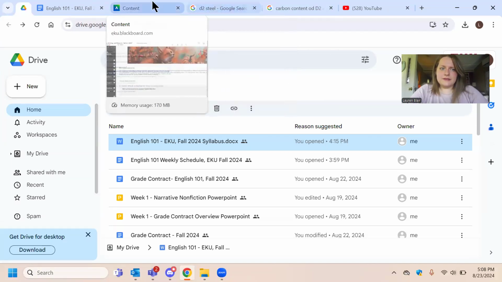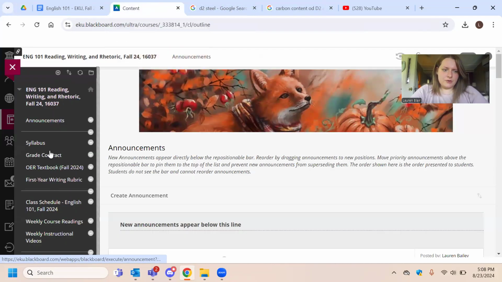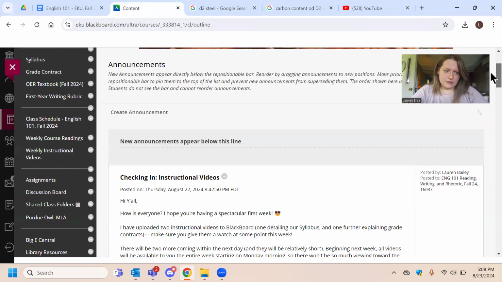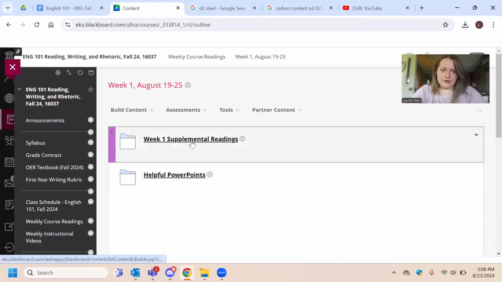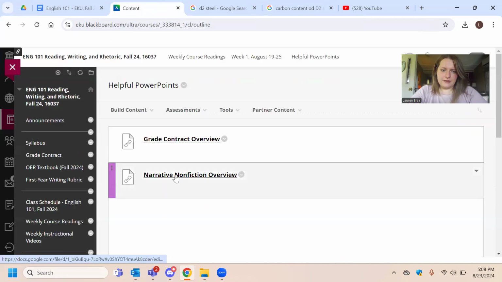the way you access that on Blackboard on this left-hand side ribbon, you will navigate down to weekly course readings, and from there you will click the week that we are on, and then there are helpful PowerPoints.